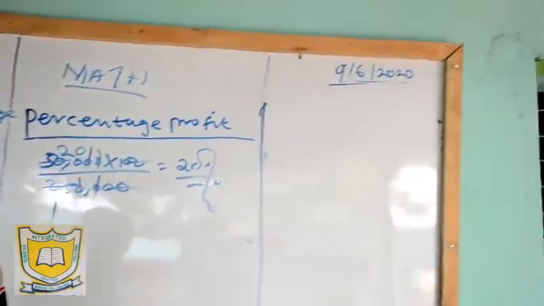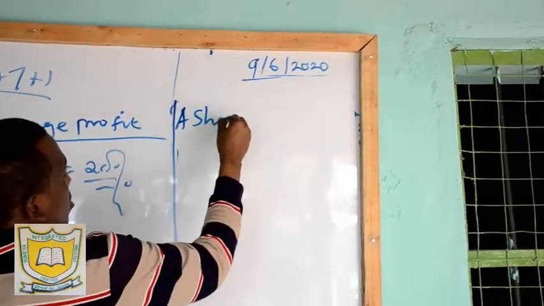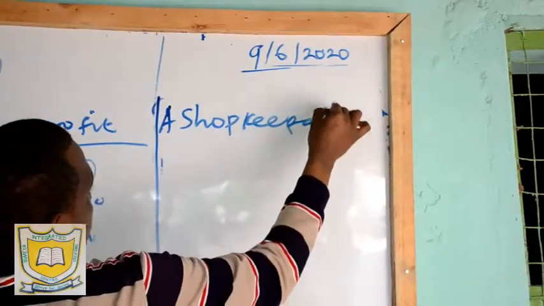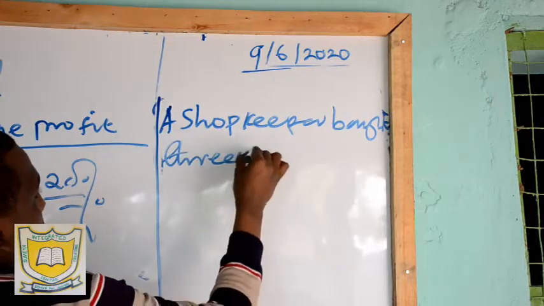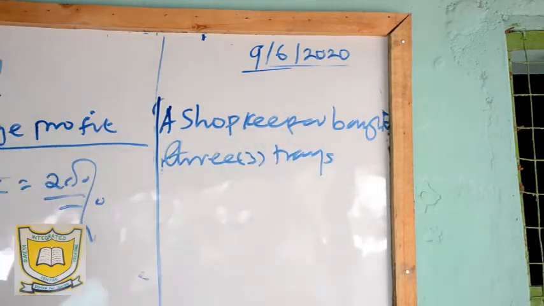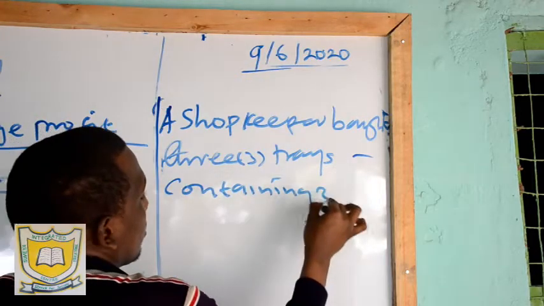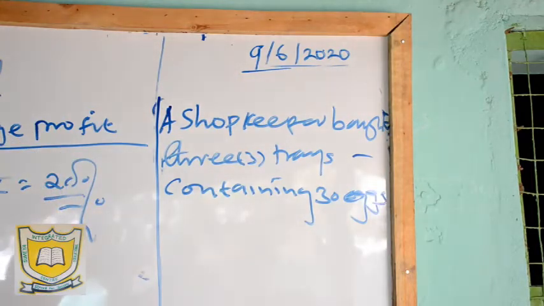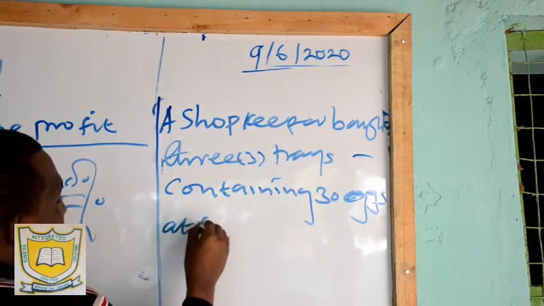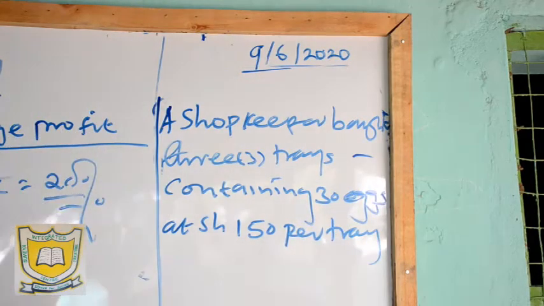Here is also another question. A shopkeeper bought 3 trays containing 30 eggs at shillings 150 per tray.